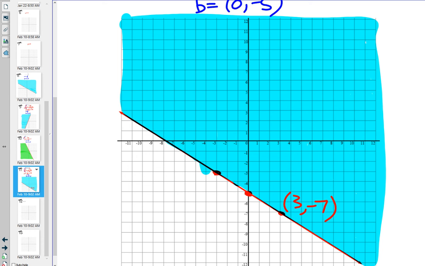Hold up. 3, negative 7 means 3 to the right and 7 down. Oh, that is right. So is it part of the solution or not? Yes. Why? Because it's a solid line. Good. That's exactly right. It's a solid boundary.